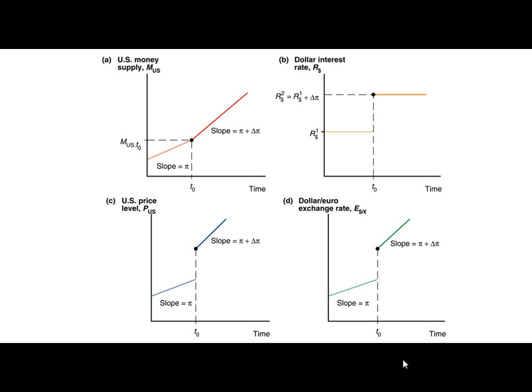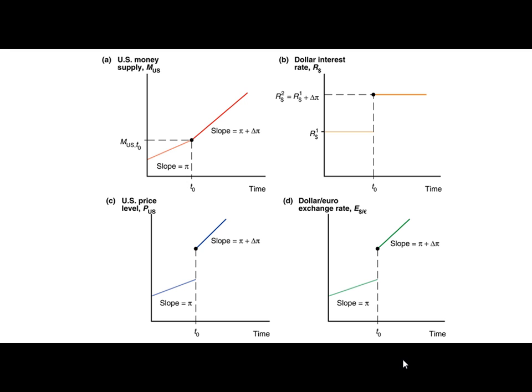What that will do is immediately increase the expected inflation. Because of that, there's an immediate increase in nominal interest rates, as shown there, jumping up from R1 to R2 on the top. I say nominal interest rate because it doesn't take into account inflation.